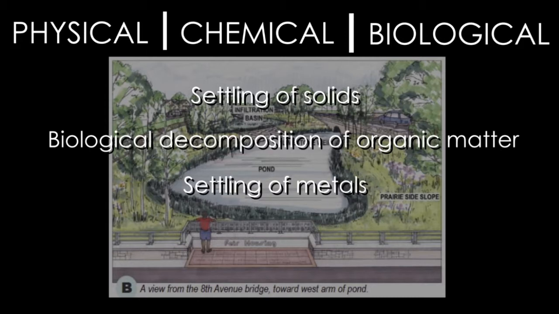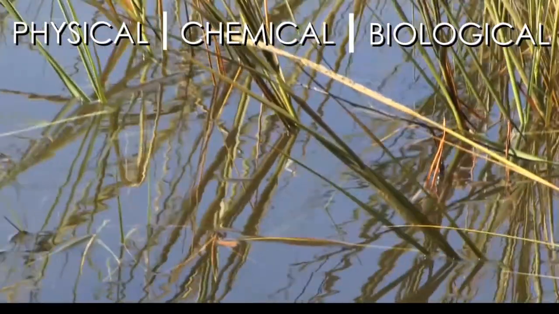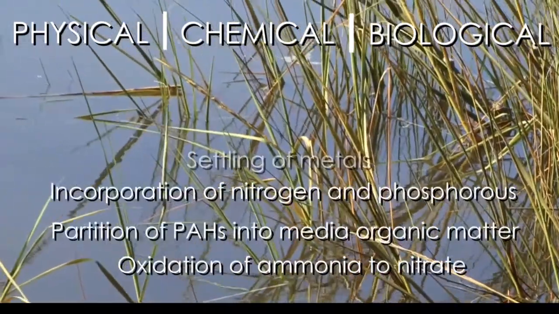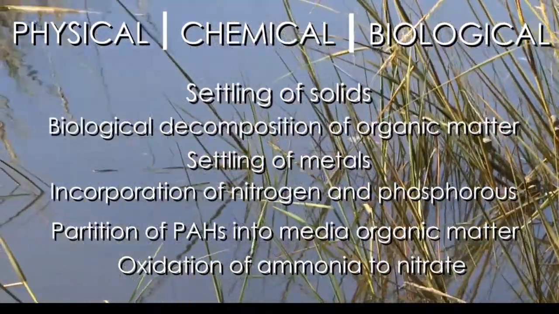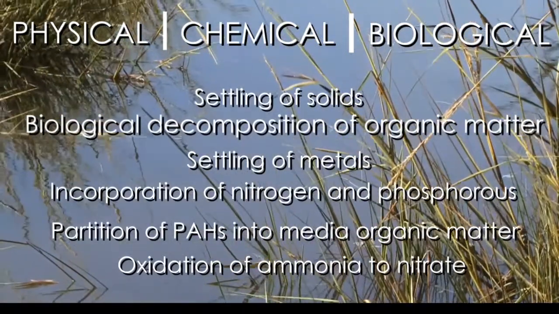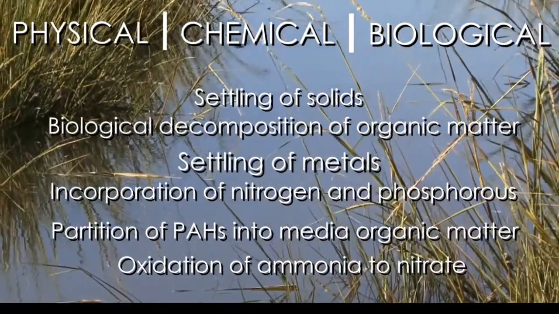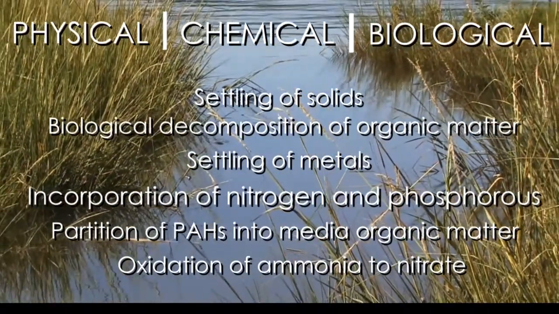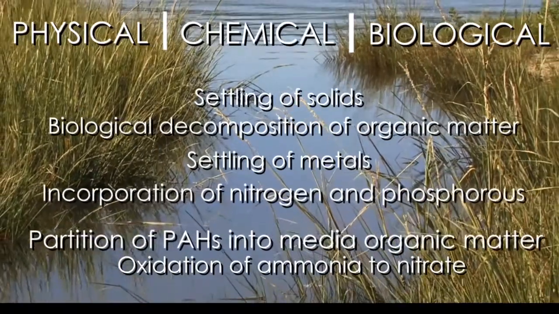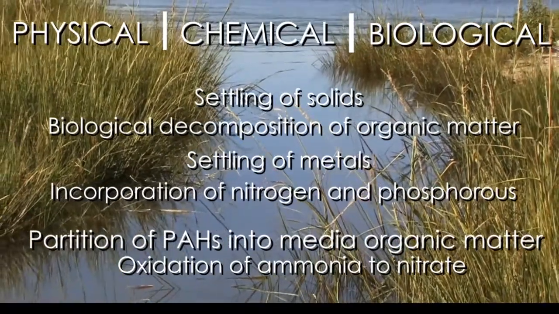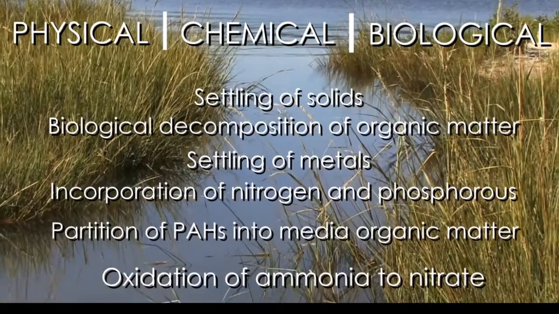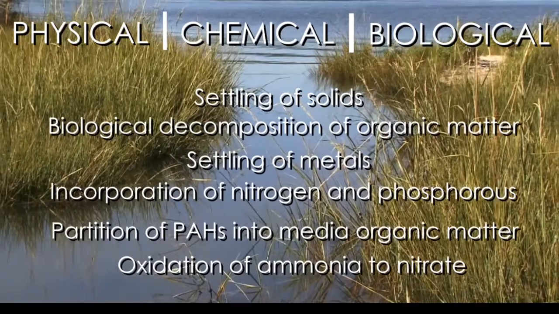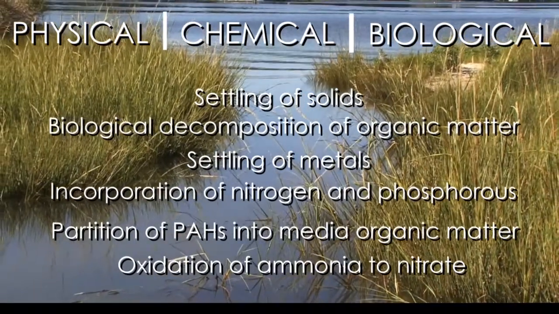On the other hand, a treatment wetland incorporates a lot more pollutant removal mechanisms, including settling of solids as water is stored within the ponds, biological decomposition of organic matter in the pond, settling of metals associated with particles entering the pond, incorporation of nitrogen and phosphorus into vegetation in the wetland, partitioning of PAHs into organic detritus in the wetland, oxidation of ammonia to nitrate in the pond, and possible denitrification of nitrate in heavily vegetated areas of the pond.